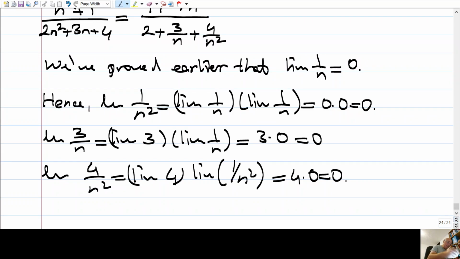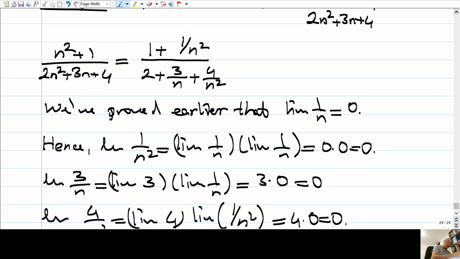And then I have sums of these terms. I can write this step by step, but let me just do it as follows. We know that this has limit 1, this has limit 0, this has limit 2, this has limit 0, and this has limit 0. So, sum of limits, right?